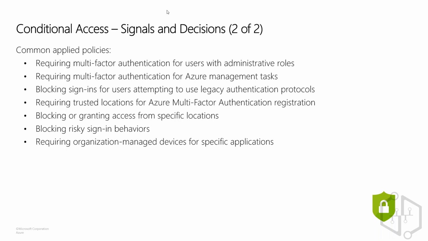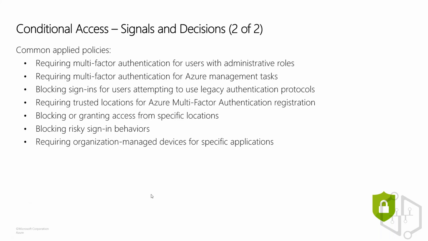If you look at the common applied policies over here, some of these things which I mentioned about multi-factor authentication, you'll see in the previous two steps. If there is some device which is unknown or some location which is unknown, there you would say, I want to allow the user to sign in, but I want to reconfirm whether it is the same user by asking for multi-factor authentication.